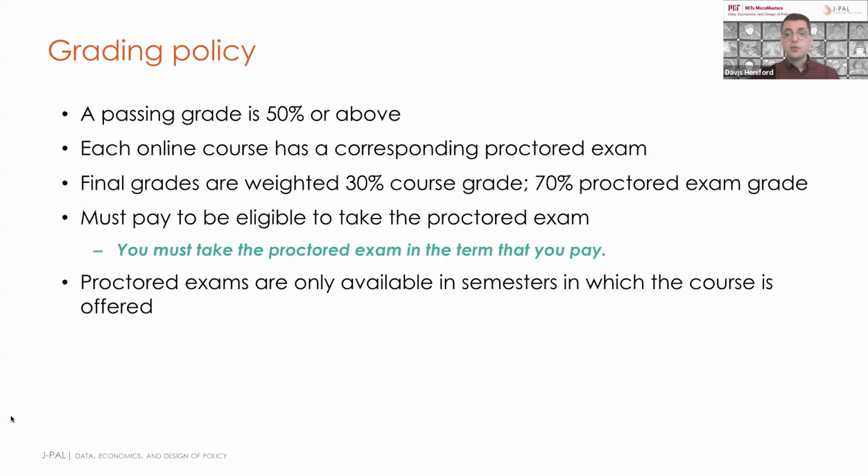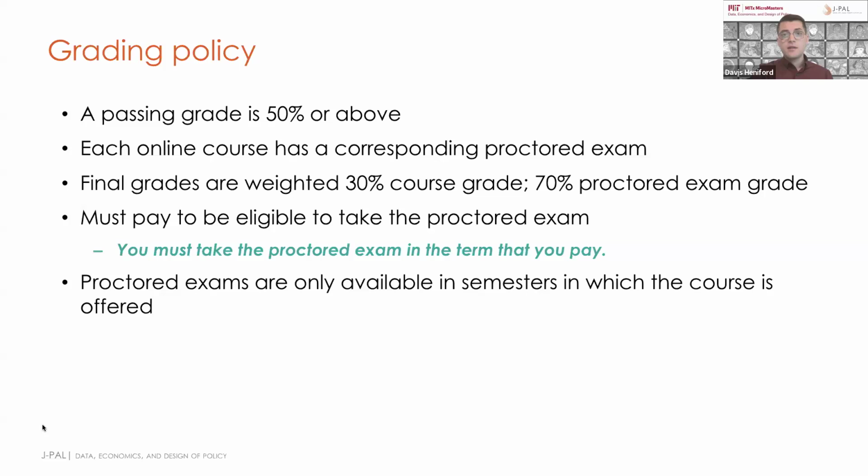You should try to take the proctored exam in the term that you pay for the course. If you can't take the proctored exam in the same term that you pay for the course, we have ways to defer your payment to a later term, but it's best to try to take the proctored exam in the same term that you pay.